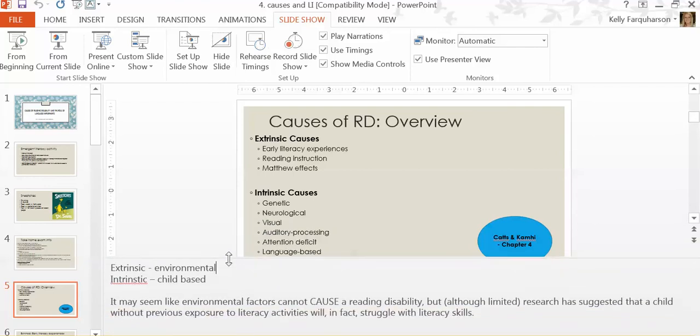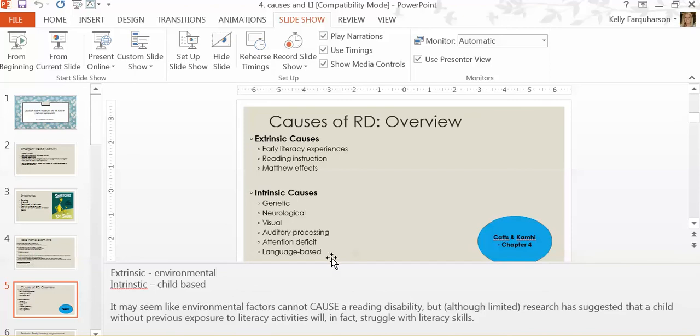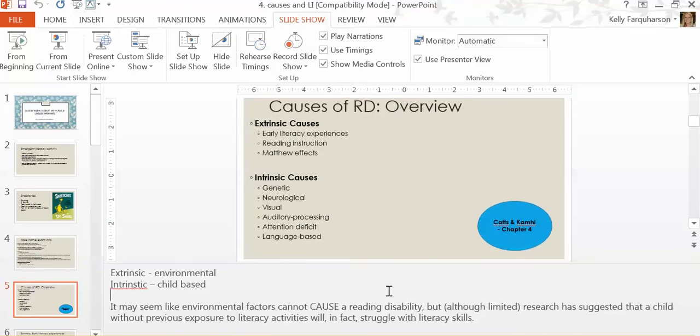So in some cases it may be somewhat odd to think of an environmental factor causing a reading disability. And that's true. Limited research has suggested that a child without previous exposure to literacy skills will in fact struggle with literacy skills. Of course, if they have not been taught and have had no exposure, they will struggle.